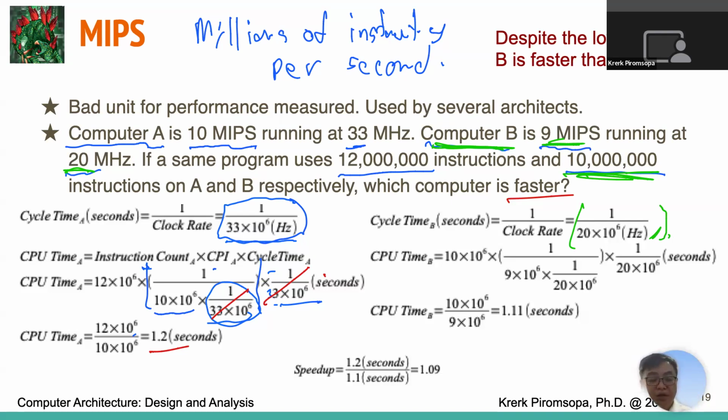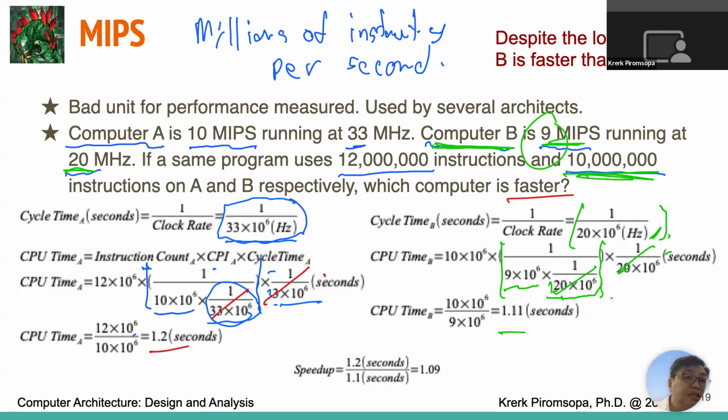And then find the CPI. Again, this processor tells you about CPI in MIPS, so it's 9 million instructions per second. You multiply by the cycle time and get cycles per instruction. Again, this would cancel out, so you get 1.1 seconds. Which one is faster?